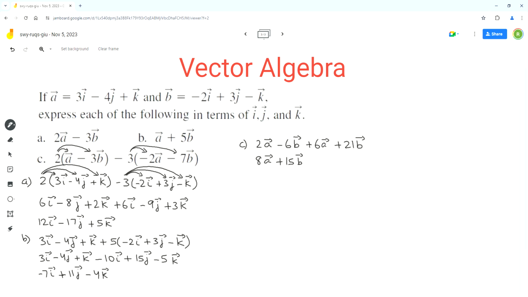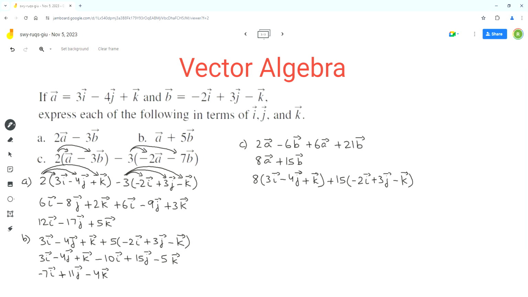Now we can sub in the given vectors A and B. Now we can distribute the 8 into the parentheses and 15 into the parentheses.